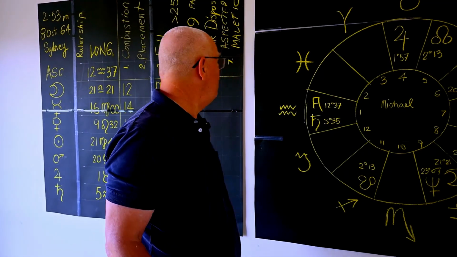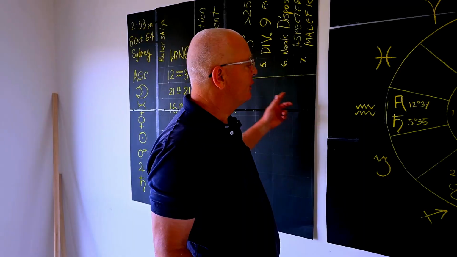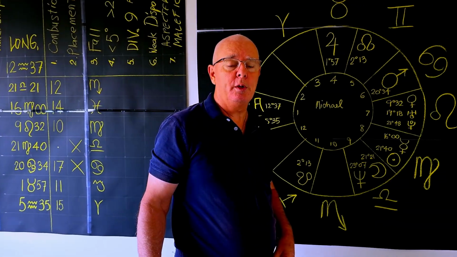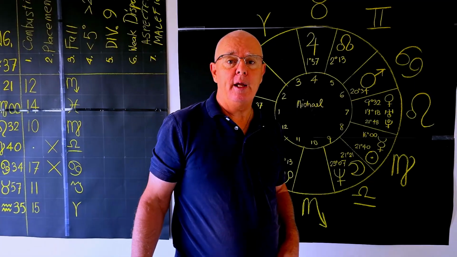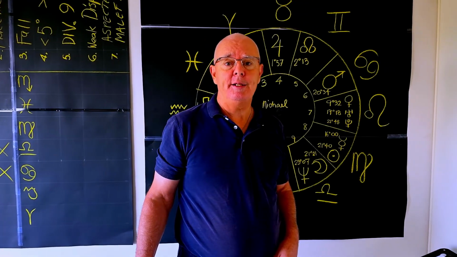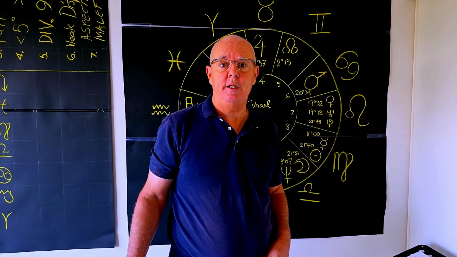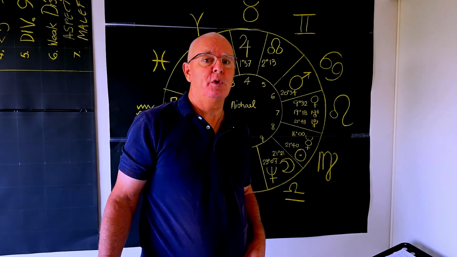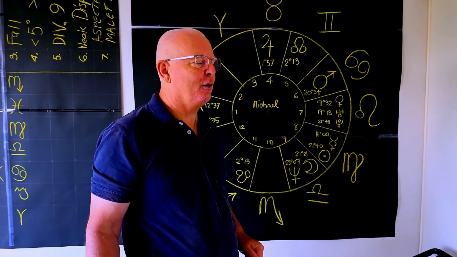So now let's look at the chart, and maybe you already did look. We're looking for, are there any planets less than 5 degrees or more than 25?